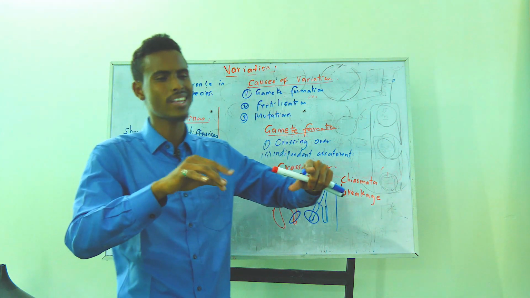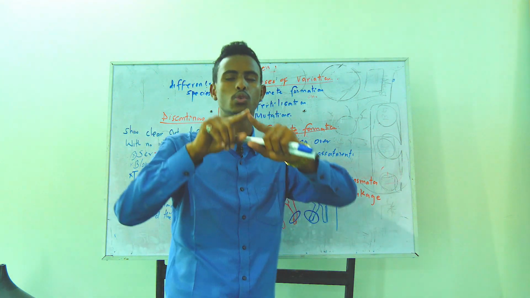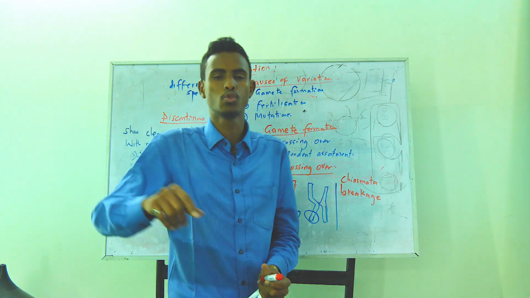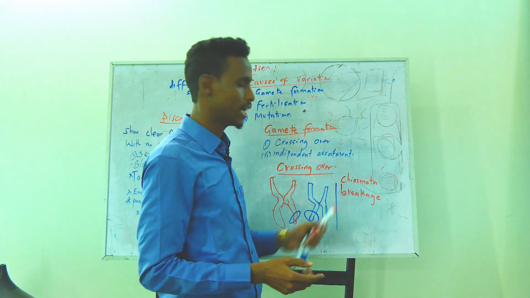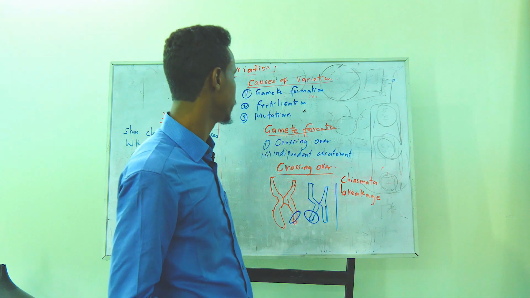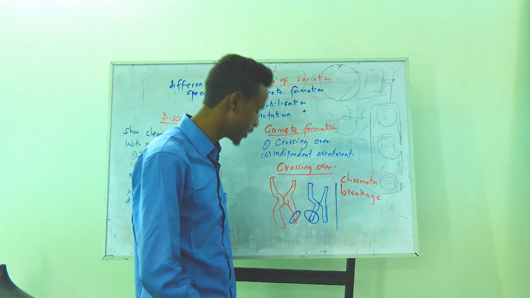They segregate, or rather separate, to the opposite daughter cells, and they're going to form gametes. Then they combine with another chromosome from another place, and they bring about variation. That is how gamete formation brings about variation.